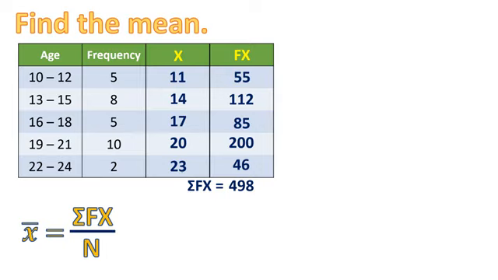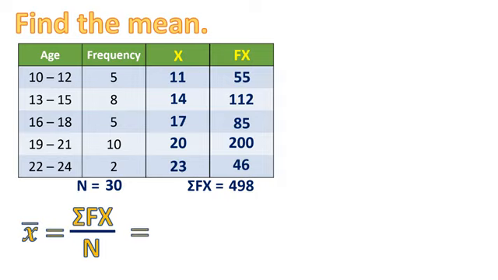And then we still need the capital N. Sometimes we put sum of f there, because n is actually the total frequency, or the sum of the frequency. So we'll solve for n, which is equal to 5 plus 8 plus 5 plus 10 plus 2, which is 30.